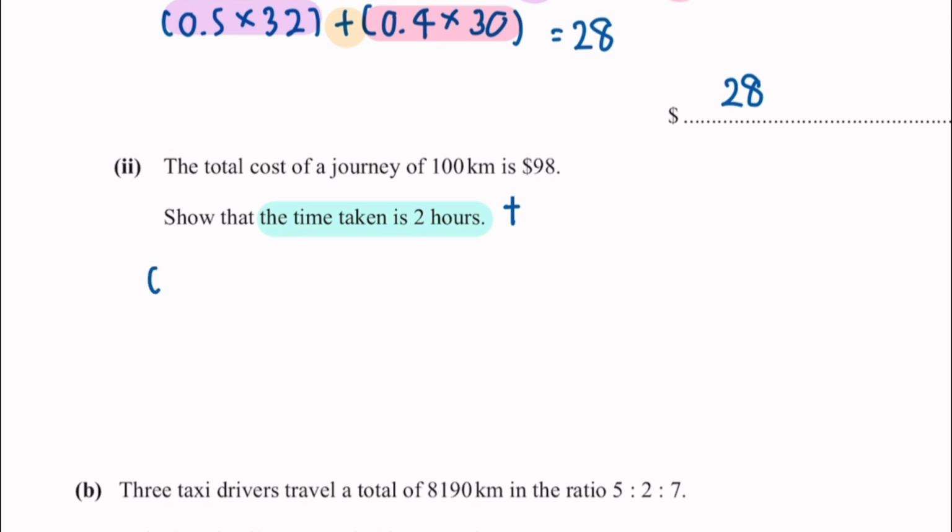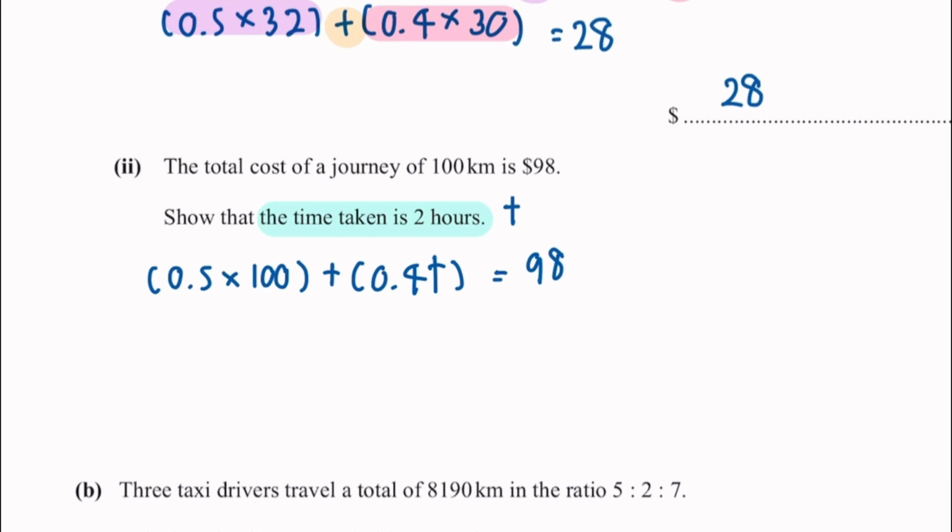So for the journey, 0.5 multiplied by 100, because this journey takes 100 kilometers, and the cost per kilometer is the same, plus the time taken, which is 0.4 per minute, multiplied by T, equals 98.